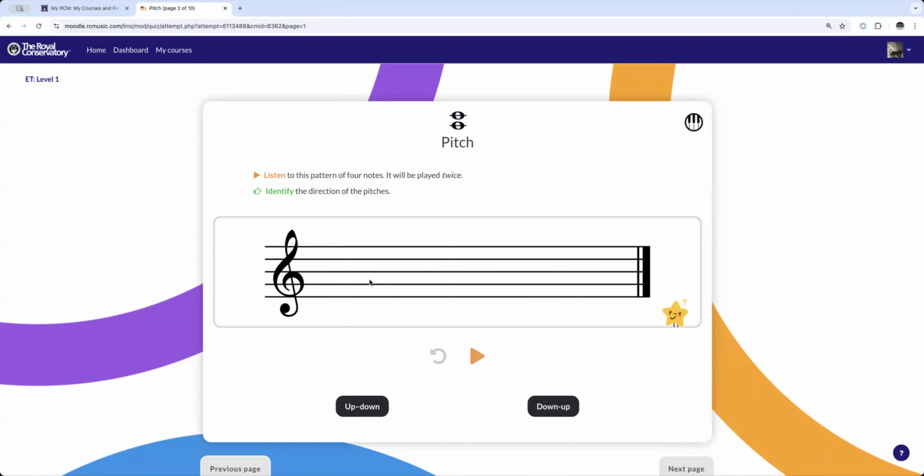Yes, that's right. The first one I can see, for example, is La, and then Ti, and then Do, and then back here to Ti. So this one is on this side. So it's down, up, or up, down. So it's down and then up. Does that make sense?